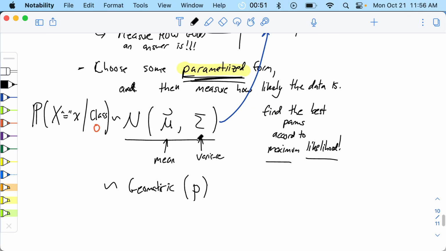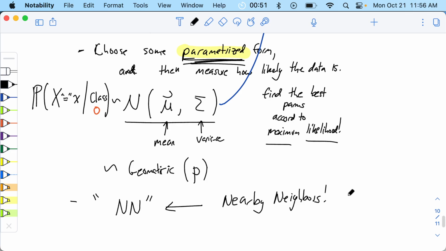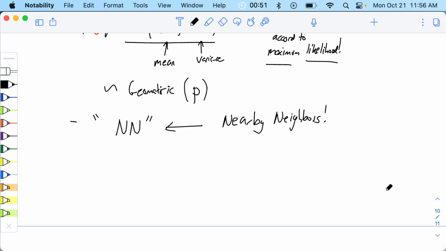On the other hand, there's something else, which is the KNN method. And actually, the K here is not needed. I'm going to call it the NN method, where NN stands for not neural network, but nearby neighbors. Nearby neighbors. And this is another method that we did in the course. We did a fair bit at the beginning, which is what you do is at any point x, you see how many nearby neighbors there are.